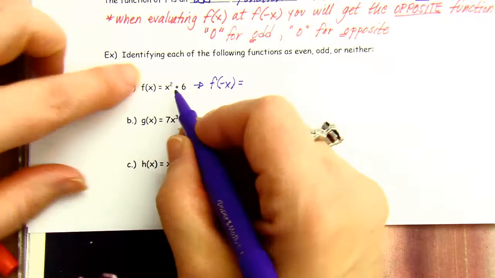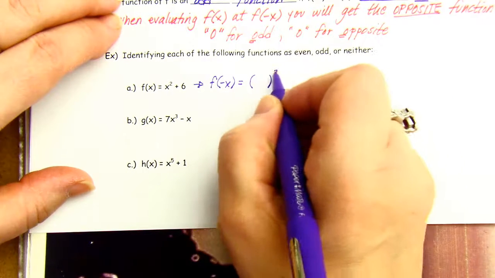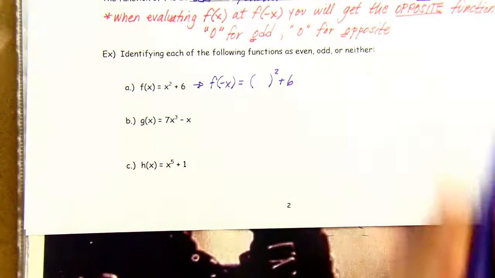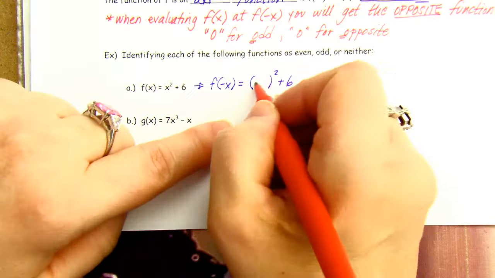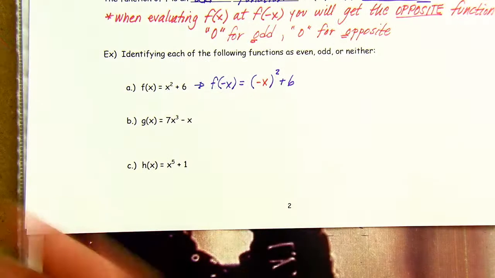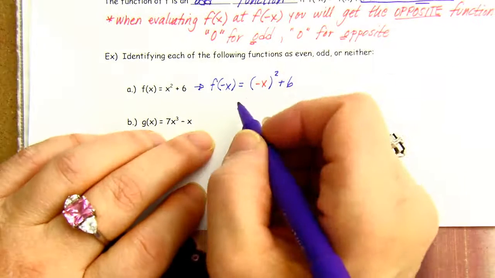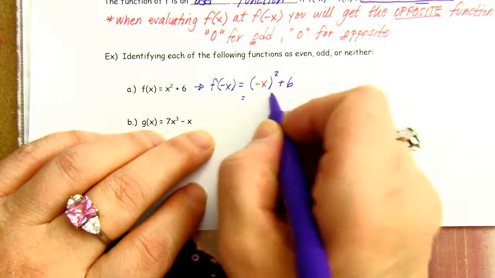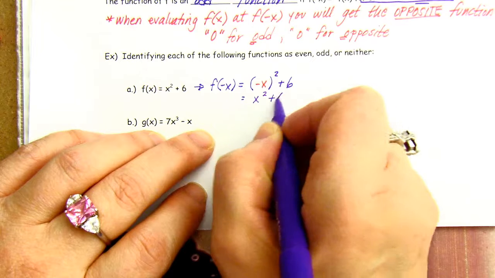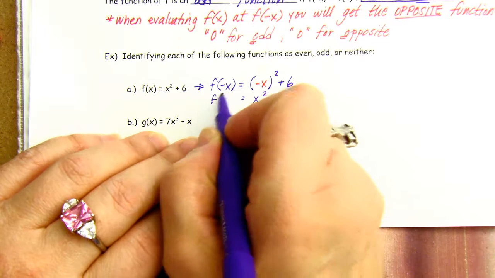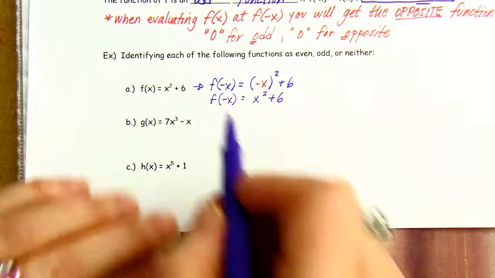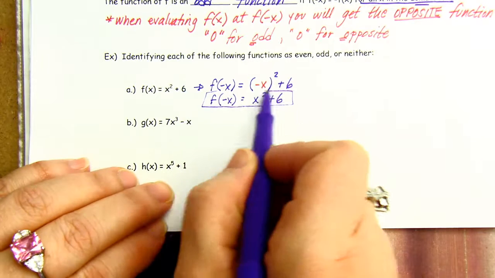The original function is x squared plus 6. There's my x squared plus 6. I'm going to substitute the negative x in there. When I square a negative, it's positive. So I get x squared plus 6. So f of the opposite of x equals x squared plus 6.